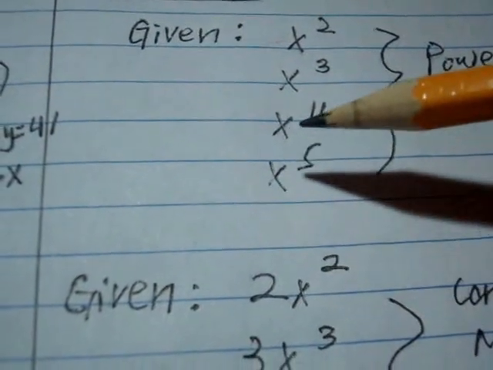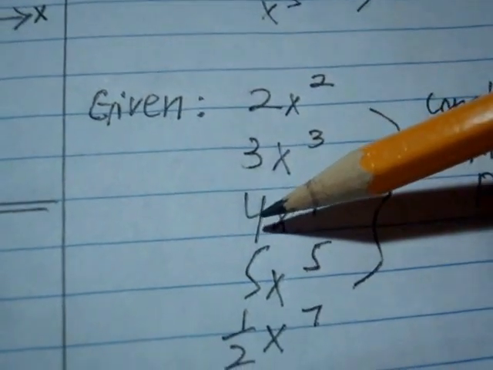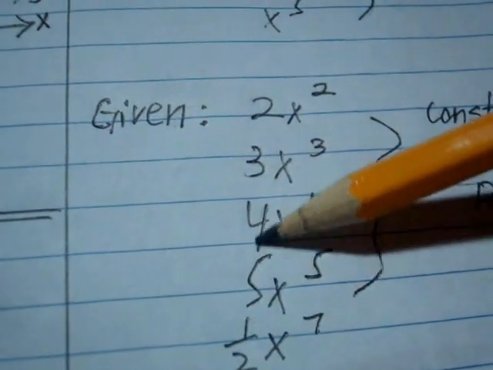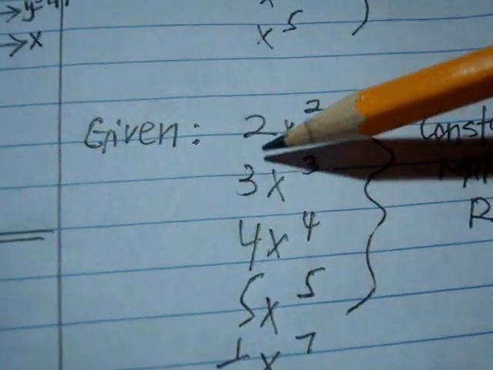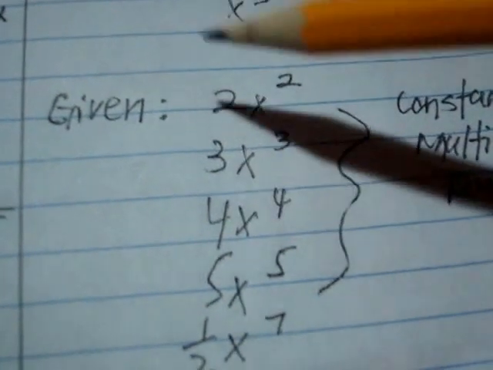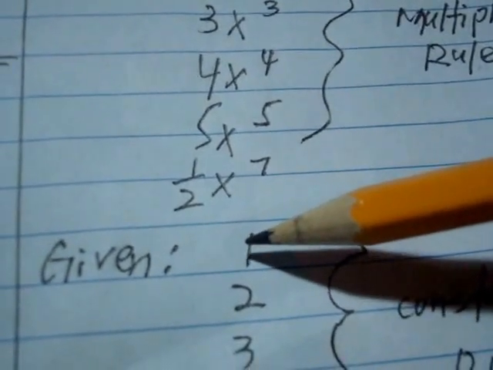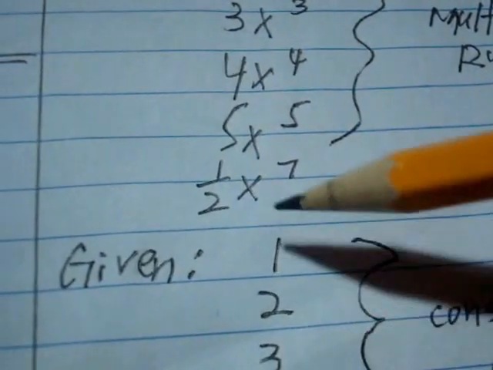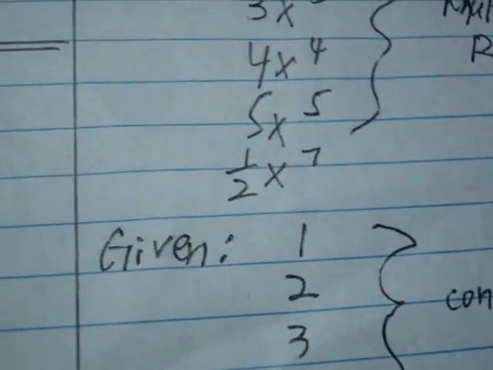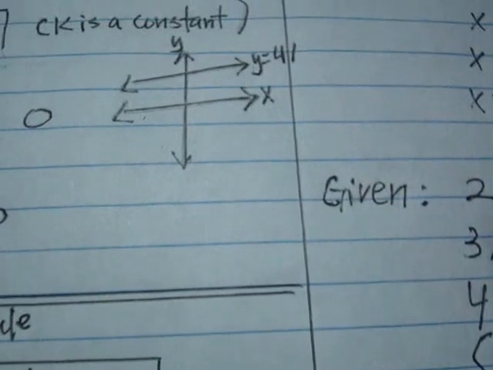If the problem is given in this form, like 2, 3, or any number, or like half or negative half, or negative 5 or 4, notice that it's not 1, then you use the constant multiple rule. If the given problem asks you to take the derivative of a constant number, then you use the constant rule. So it's very important to distinguish which rule to use by recognizing the given form.